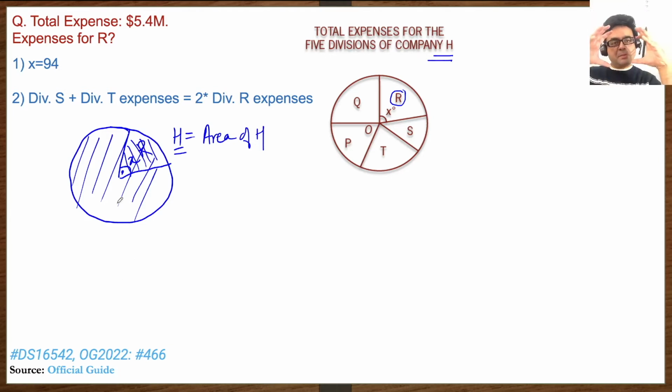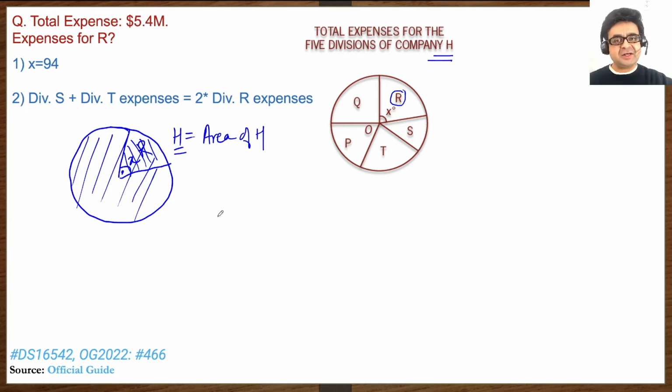So it is still a portion of that big pie of H. What that translates to is this: the overall expenses of the company is the circle. However, R is a small division inside the company H, and the expenses of that division R would be a portion of the pie. And the best way to represent the portion of a pie is through a sector of the pie.